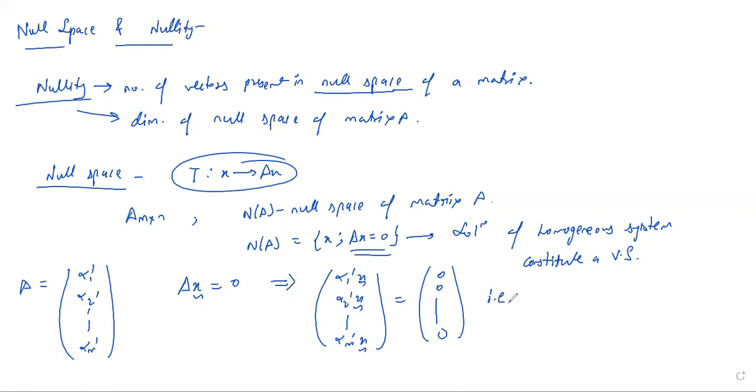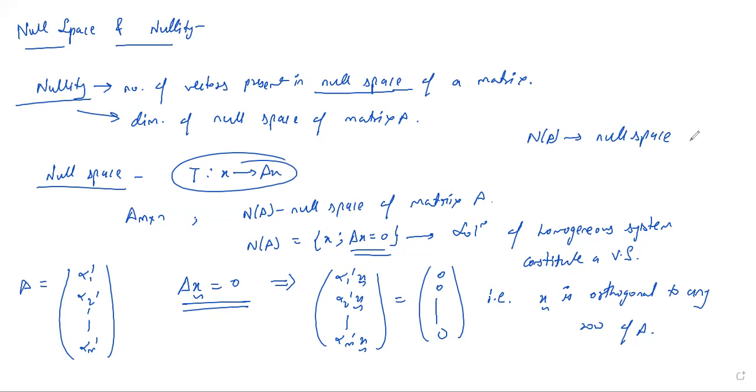This vector x is orthogonal to any row of A by the property of the dot product. Any row of this matrix, because we have this type of matrix where the solutions are like Ax equals 0. Now this N(A) is called the null space.